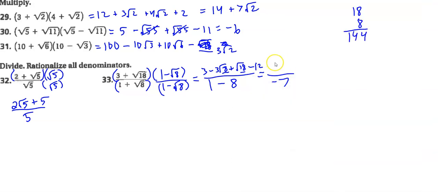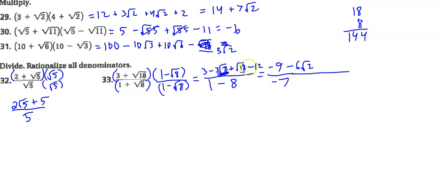So this will be 3 minus 12 is negative 9. Sorry. That was 2 to the third, so we get 3 times 2 is 6 root 2, because there's a root 2. I'm simplifying that. So the 2 comes out, so 3 times 2. Square root of 8 is 2 root 2, because there's 3 2's in there.